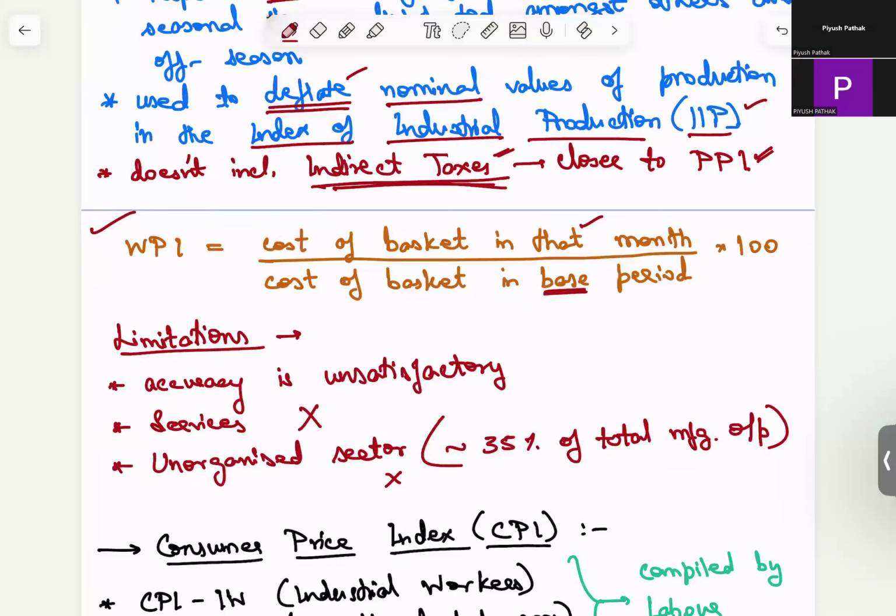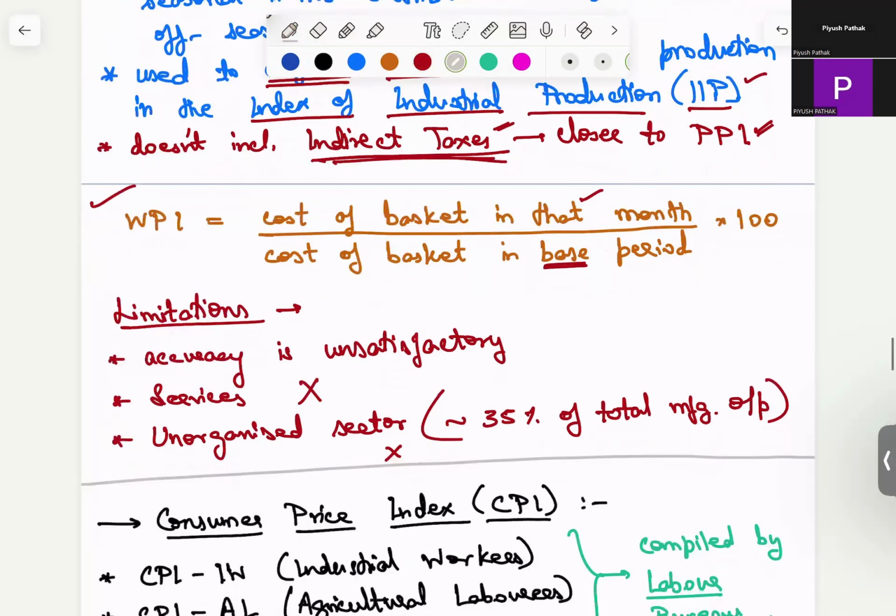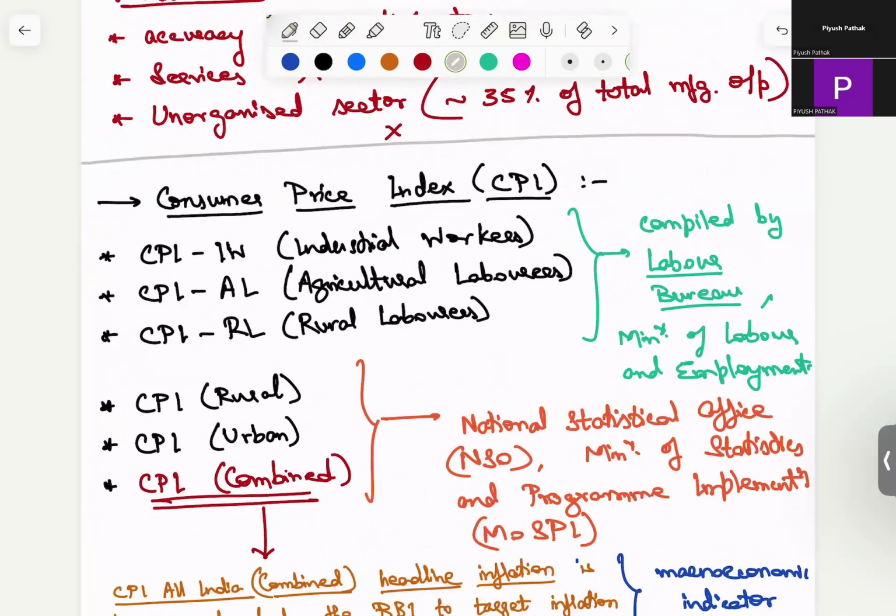It does not cover services, like IT, infrastructure, financial services, insurance, business services, hotel, tourism, hospitality. All of these are not covered. And the unorganized sector, which is 35% of the total manufacturing output, is also not accounted for here. So these are the disadvantages. But again, for the wholesale sector, it is the measure of inflation.